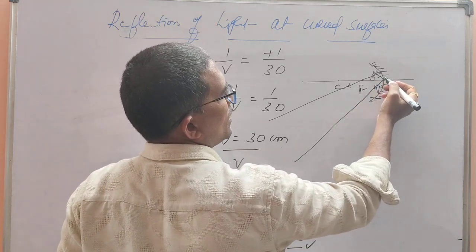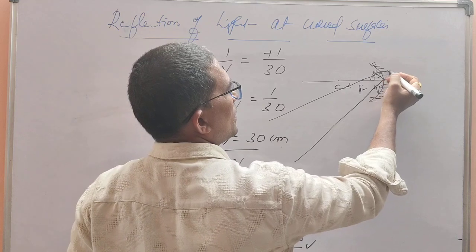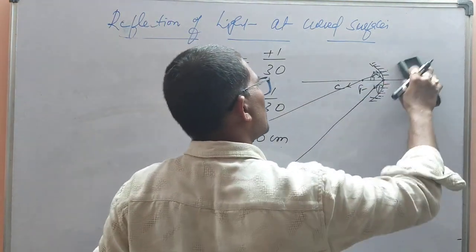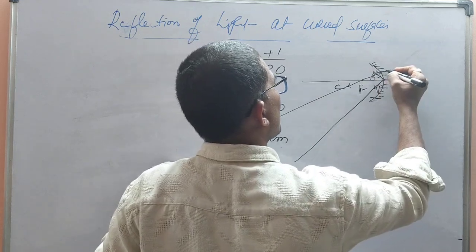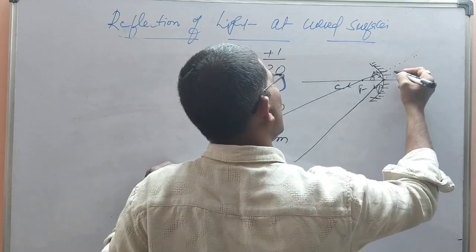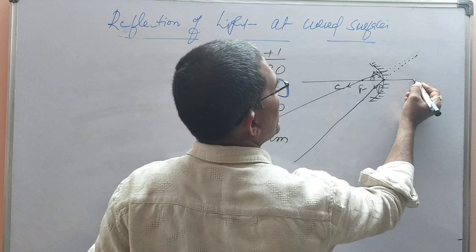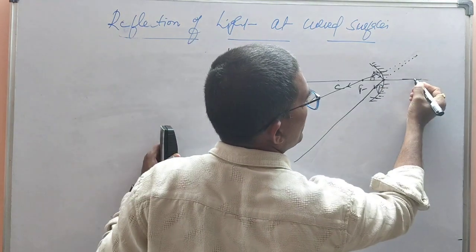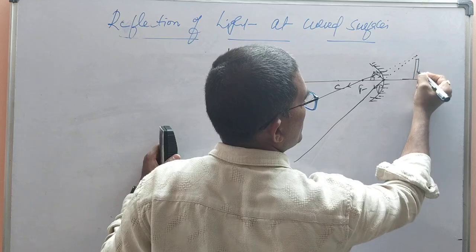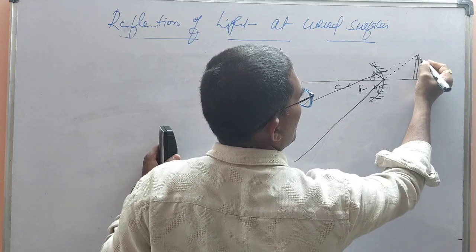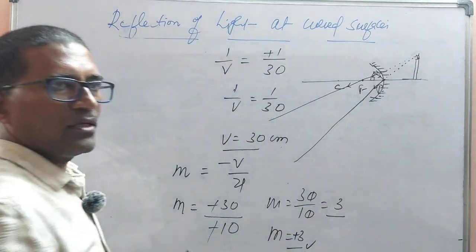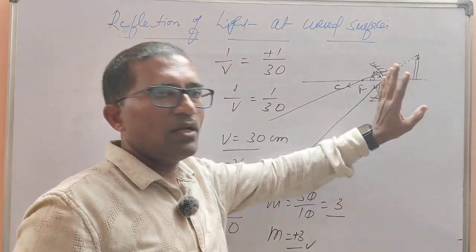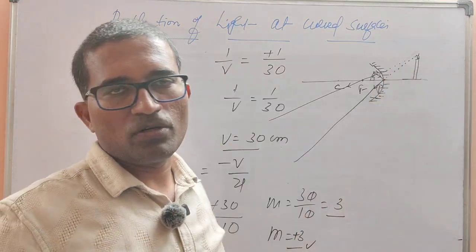And if I extend both the reflected rays backward like this, the dotted lines are going to meet at one particular point, and at this particular point the image is formed, and the image is erect, virtual, enlarged. Virtual, erect, and enlarged image is formed.